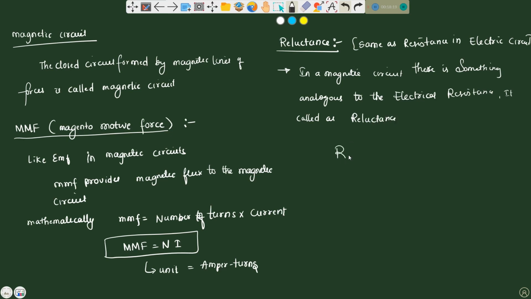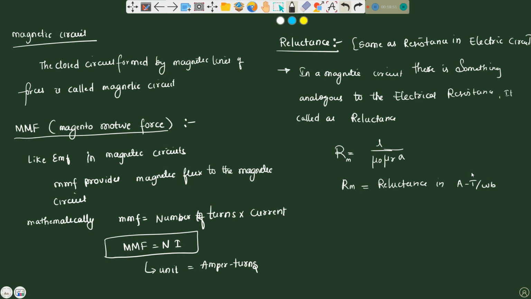How is reluctance defined? Rm equals L divided by mu naught mu r A, where Rm is the reluctance of the magnetic circuit, in ampere turns per Weber.